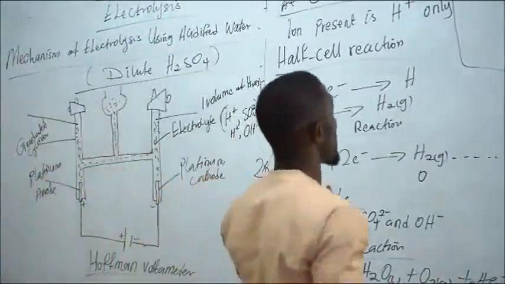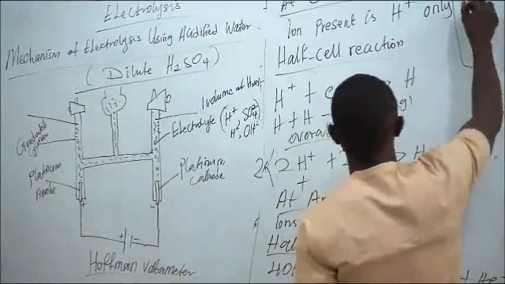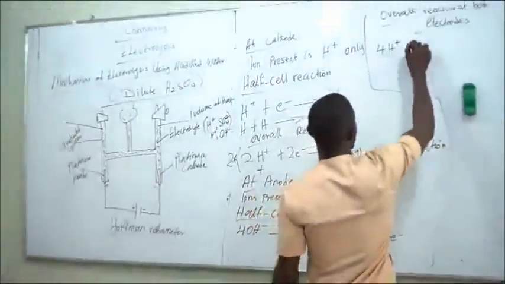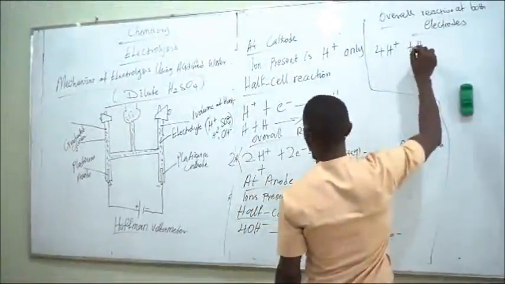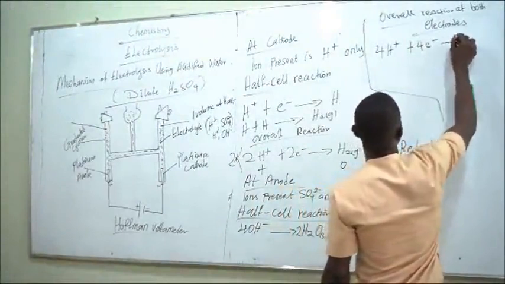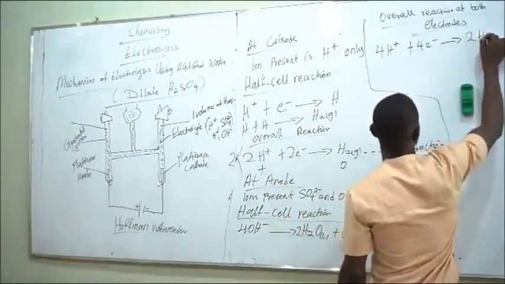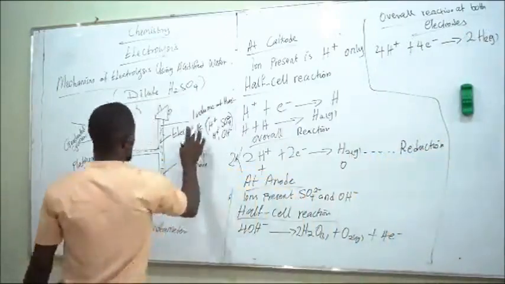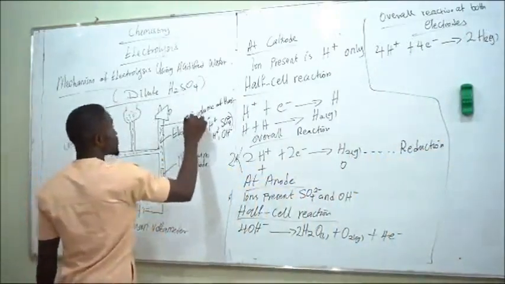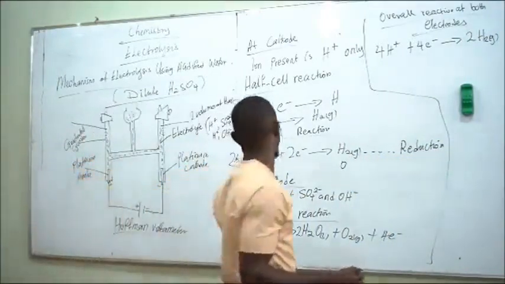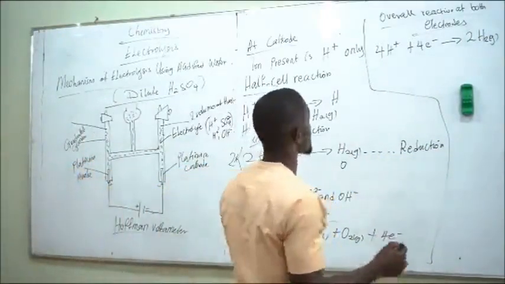So when you multiply it by 2, we have 4 hydrogen ions plus 4 electrons producing 2 volumes of hydrogen gas. So we can easily conclude that this is not 1 volume, but what? 2 volumes of what? Hydrogen gas produced at the what? At the cathode.